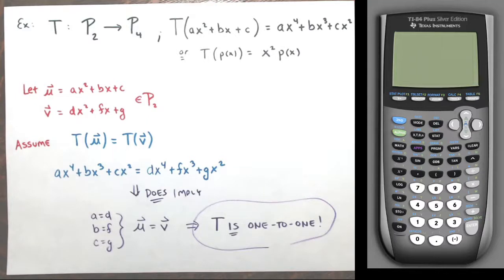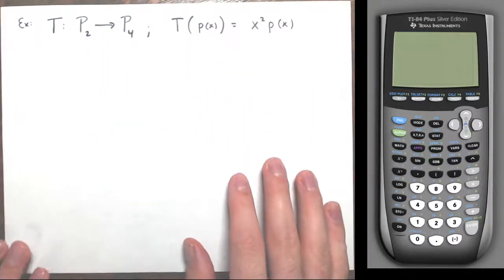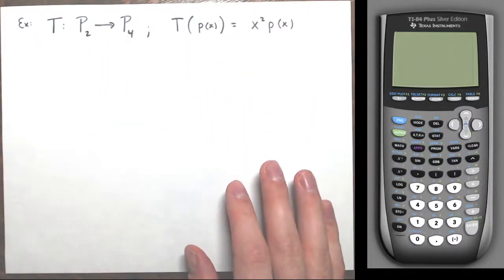And we'll show that T is 1-to-1 this time. Again, you can show it's linear by showing that the additivity and homogeneity properties hold.